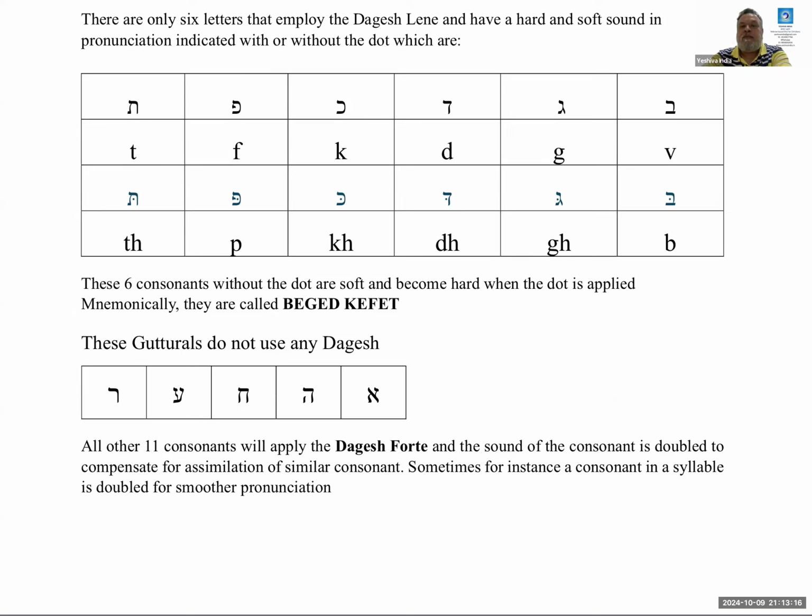All other 11 consonants except for these will use Dagesh Forte, the strong Dagesh, which means they will double. The sound of the consonant is doubled to compensate for assimilation of a similar consonant. Sometimes the consonant in a syllable is doubled for smoother pronunciation. That's the use of Dagesh Forte.